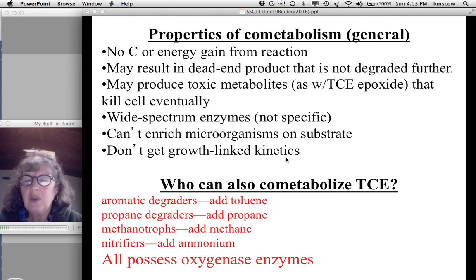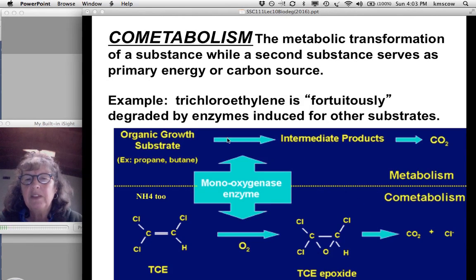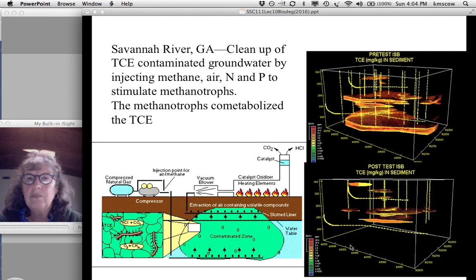It's tricky because you have to make sure you have a good ratio of the primary substrate to the pollutant, because if you try to slip in too much pollutant, then they don't get enough of what they need, they don't grow, they don't repair themselves, so they end up eventually crapping out or dying.